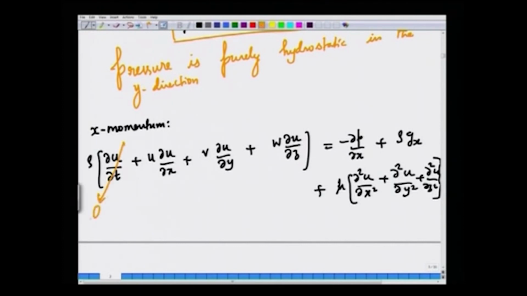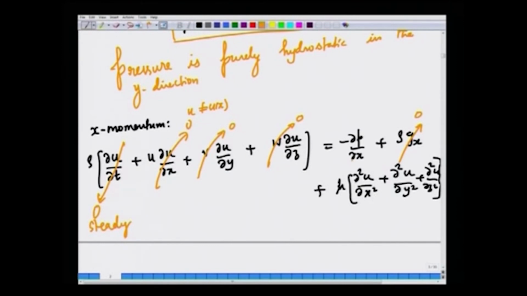Now, again we have to see which terms survive. Now, this term is 0 because the flow is steady. Okay. This term is 0 because u is independent of x, it is not a function of x. This term is 0 because v is 0, this term is 0 because w is 0, this term is 0 because g is purely aligned along the y direction. So, there is no component of gravity in the x direction.